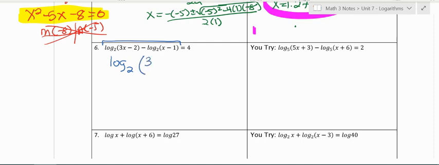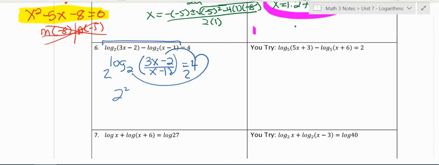So I have (3x minus 2) over (x minus 1) is equal to 4. And then I'm going to go ahead and rewrite this. I'm going to raise each of these to the 2, or you can do like the heart shape or the inverse. Either one works. And so 2 to the 4th is equal to (3x minus 2) over (x minus 1).